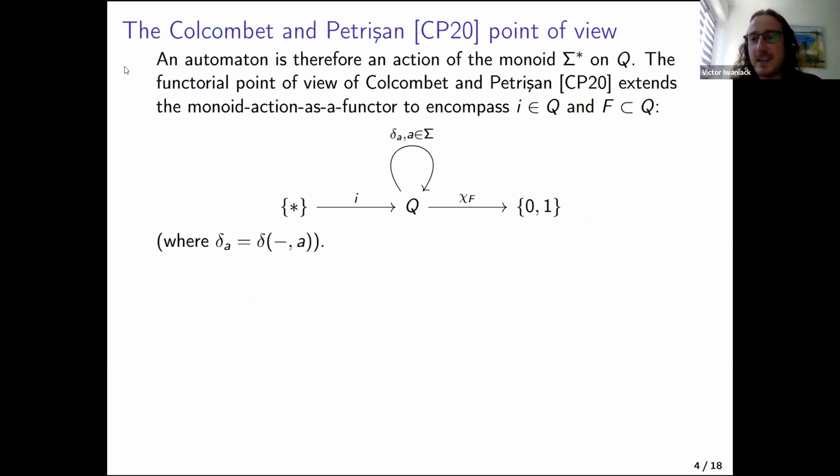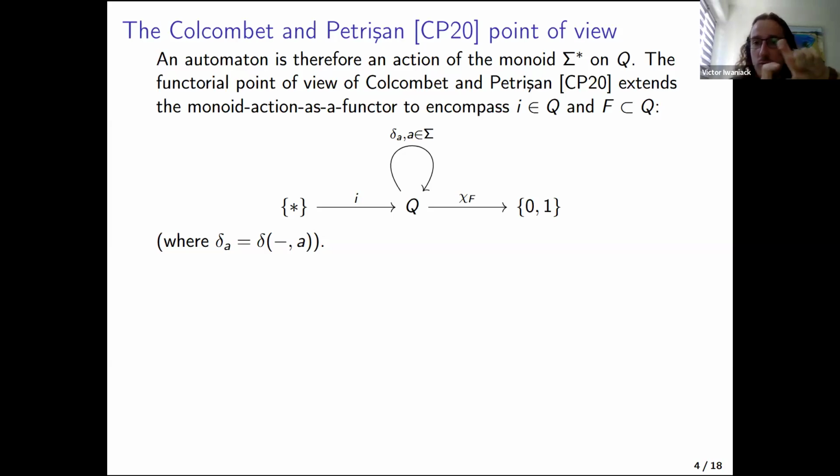So basically, as you can see, we have a set of states, some information, but the most important one is an action of letters and therefore an action of the free monoid on the set of states Q. And this is the basic beginning of the functorial point of view from Thomas Colcombet and Daniela Petrişan.